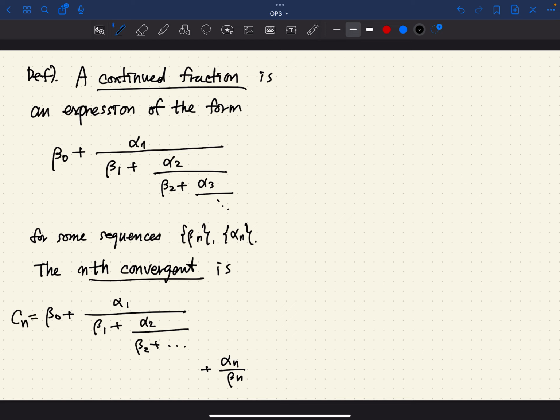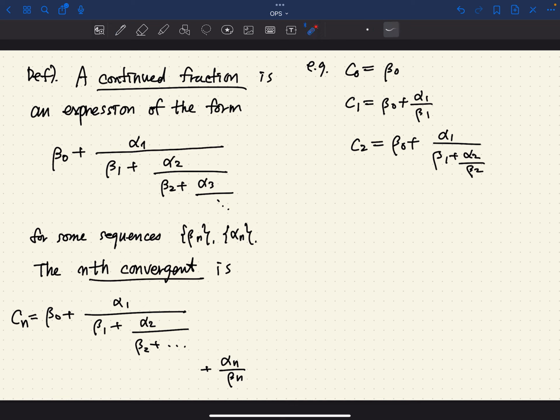So for example, C0 equals beta 0, C1 equals beta 0 plus alpha 1 over beta 1, C2 equals beta 0 plus alpha 1 over beta 1 plus alpha 2 over beta 2, like this. So now everything is concrete. It's a rational function in the numbers alpha and beta.